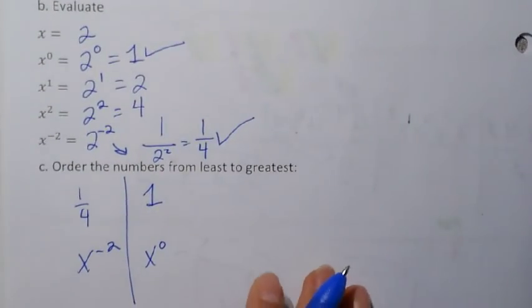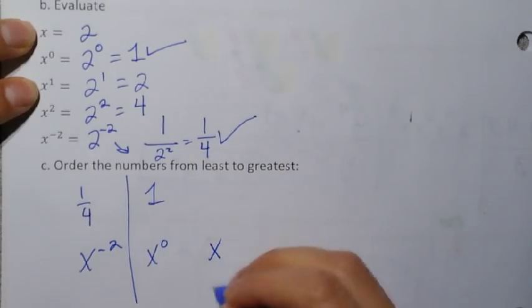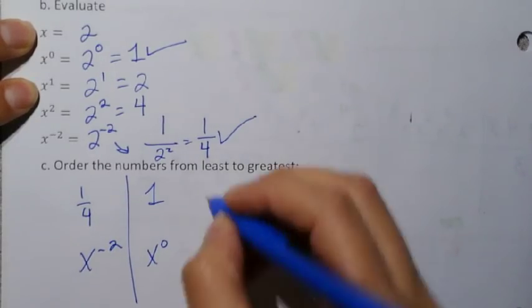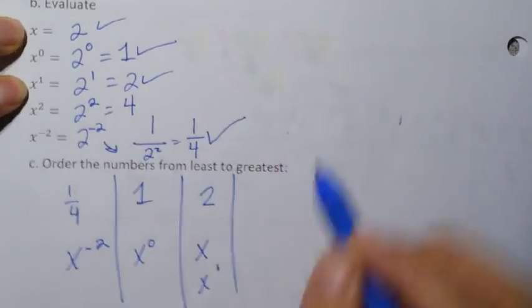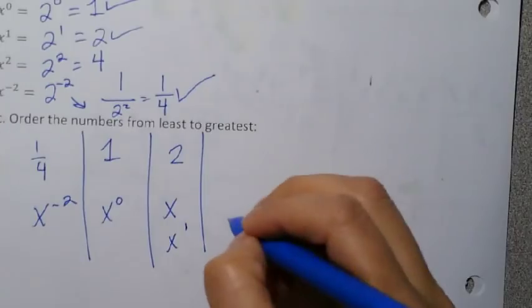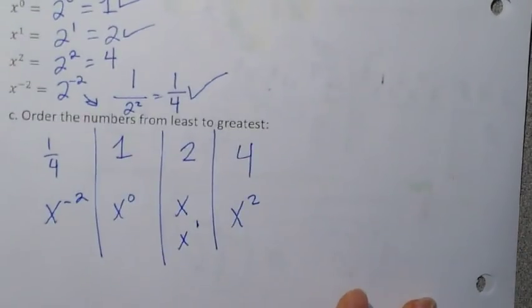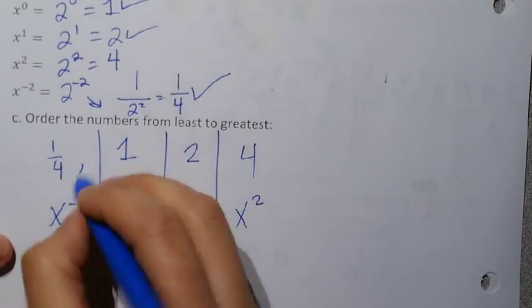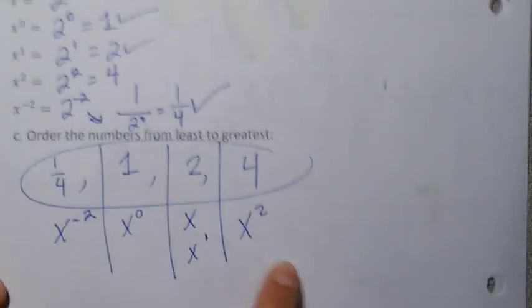Okay, and then x and x to the first are the same, which they are 2. Okay, and then lastly 2 to the second, or x squared, which was 4. So here are the numbers from least to greatest, and here is how they looked over here.